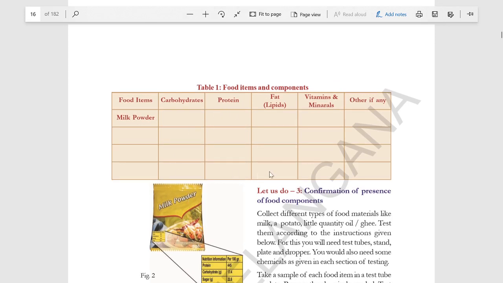Now let's see what proteins are. Proteins are large biomolecules. We call proteins biomolecules because they are very essential for life, for the formation of all the organelles, organs, muscles, hair, everything present in the human body, animal body, or microorganisms.